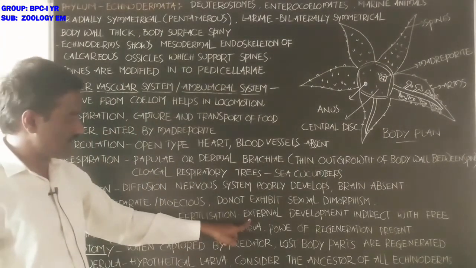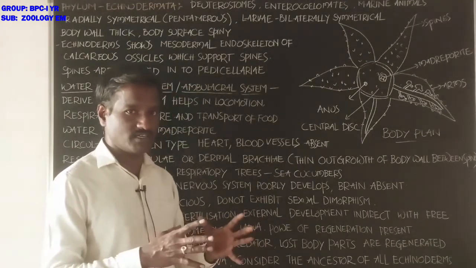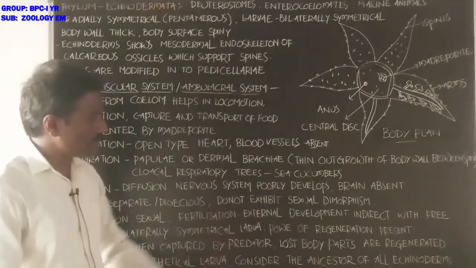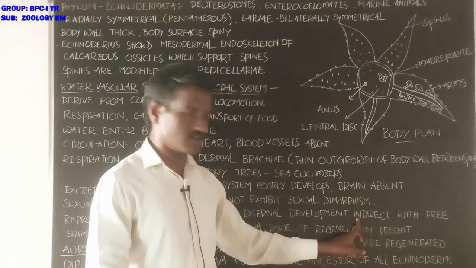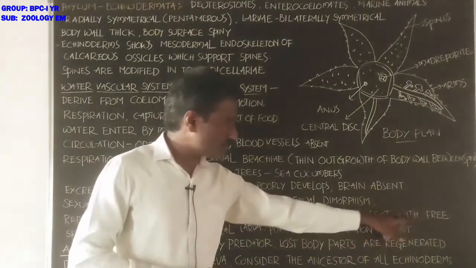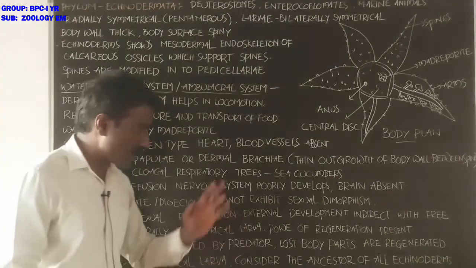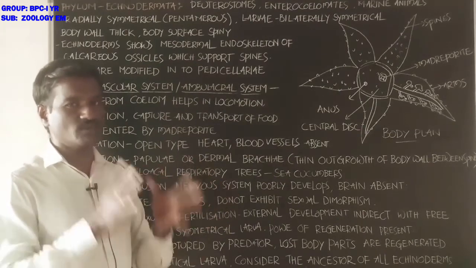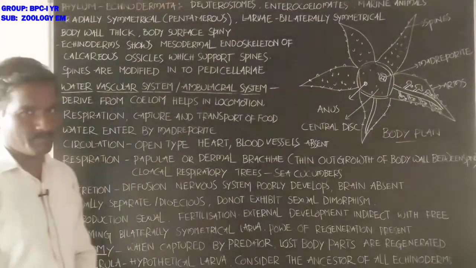Fertilization is external, between the gametes outside the body of the animal. Development is indirect, with a free swimming bilaterally symmetrical larva.